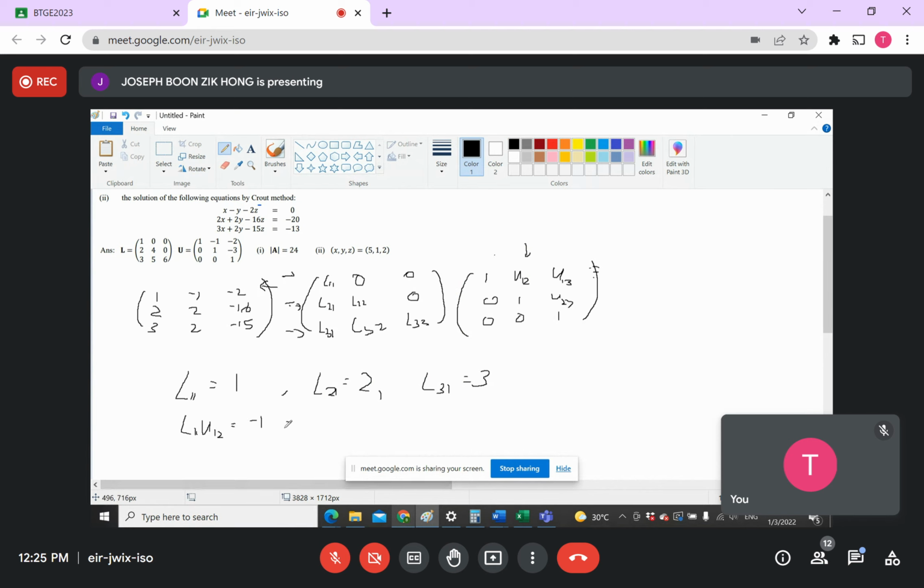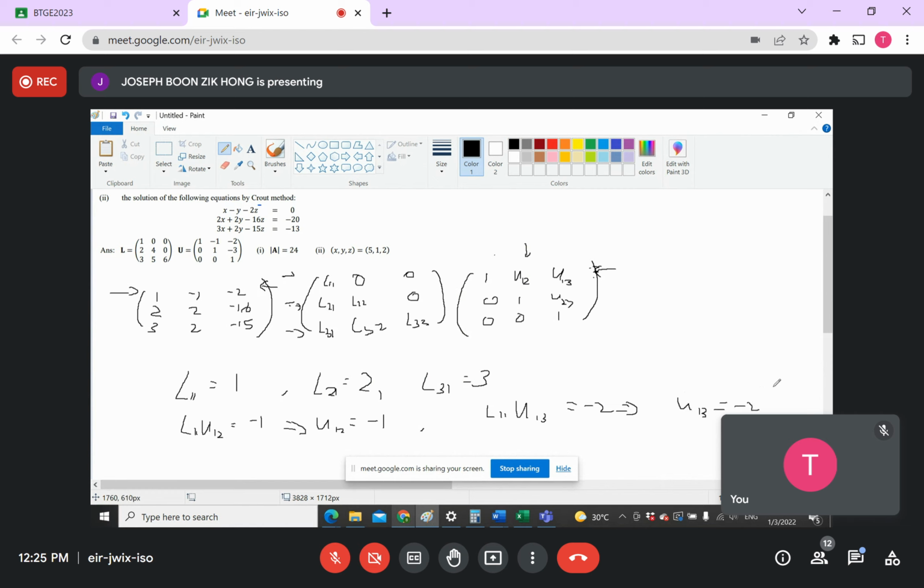So that means your U12 will be equal to negative 1 divided by 1, which is negative 1. So that's why this row and this row will be the same, divided by 1. And again, L11 times U13 is equal to negative 2, so we know U13 is negative 2.